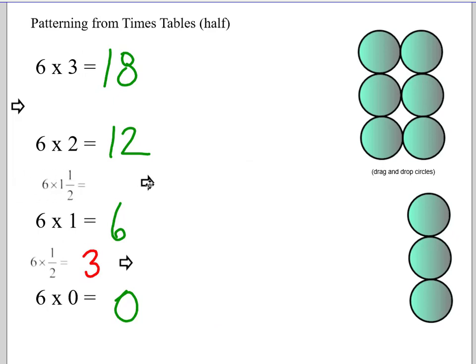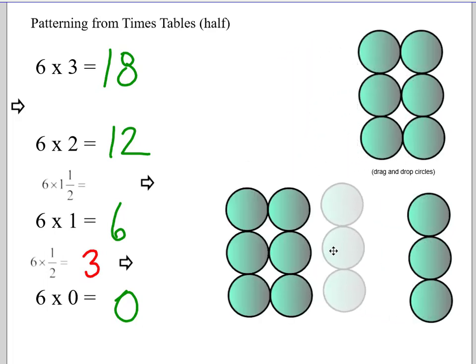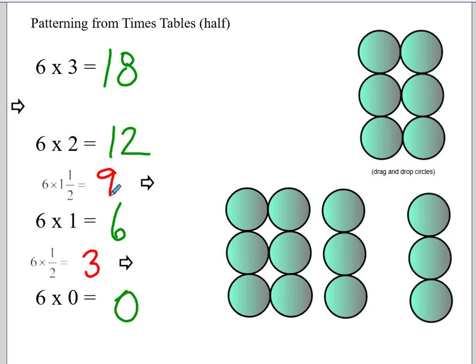6 times 1.5. Well, that means I have one full group of 6 and half a group of 6. Sorry, I'll make sure I draw that right. So now if you look at one full group of 6 and half a group of 6, which we already figured out is 3, then I have a new answer of 9. And does that 9 fit between 6 and 12, which we already determined?